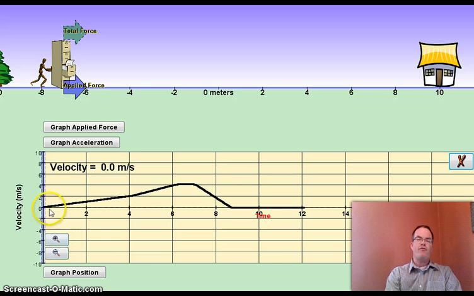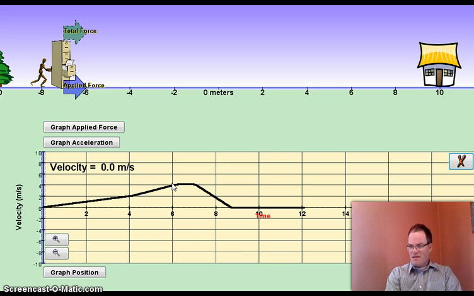Look at the graph. We have a change in the speed. Starting from rest, the file cabinet is going to increase its speed to 2 meters per second. And then what happens? Then we see that this slope steepens, don't we?